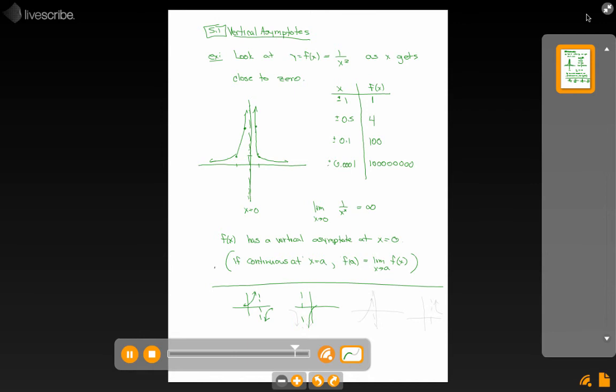So just to give you some various pictures of that, I could be looking like this, up and down on the two sides of it. I might only be defined on one side of it, but as long as on one side of my asymptote I'm approaching infinity or negative infinity, I have myself a vertical asymptote. So we'll look at that again a little bit further in the next example.